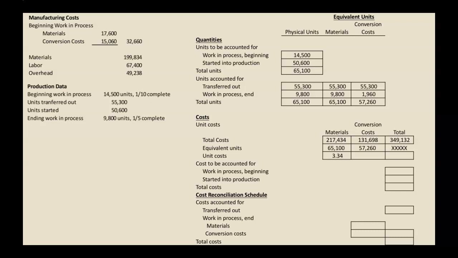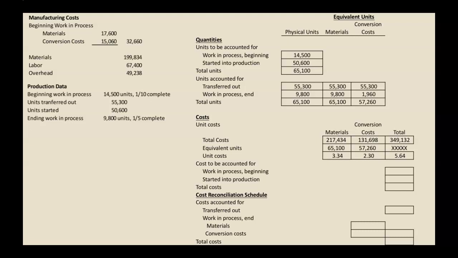Now we do the same thing for conversion costs. We take the 131,000 divided by 57,000, and we get $2.30. Then we add up our two unit costs, and we can see that one completed unit will cost $5.64 to produce.